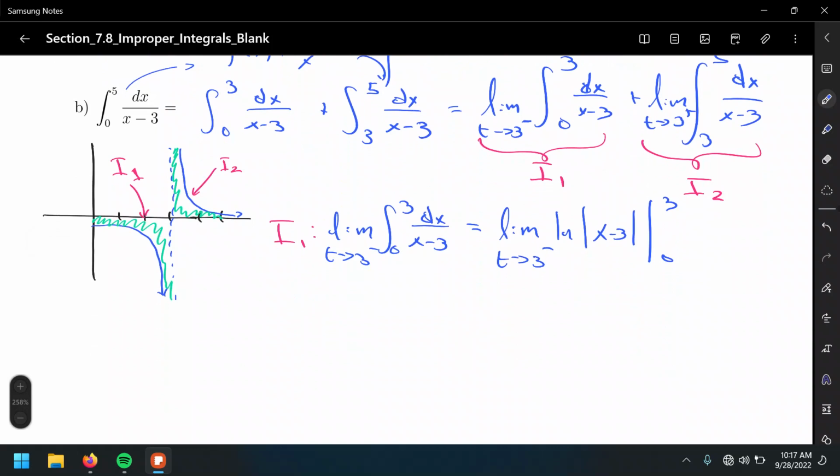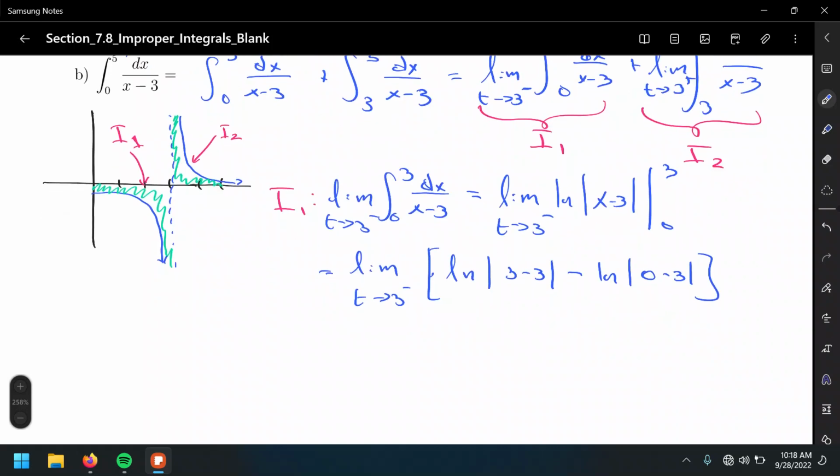Alright, so let's plug in upper limit minus lower limit. Limit as t approaches 3 from the left, ln absolute value of t minus 3, minus ln absolute value of 0 minus 3.